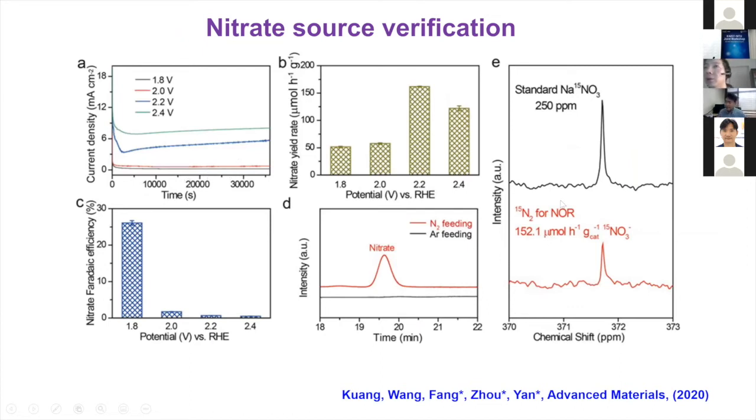And lastly, we also use nitrogen 15 to check whether our reaction is fully from this reaction. By the way, here I have to emphasize that the nitrogen isotope itself needs to be handled carefully, because the purity of the isotope you purchased could be an issue.